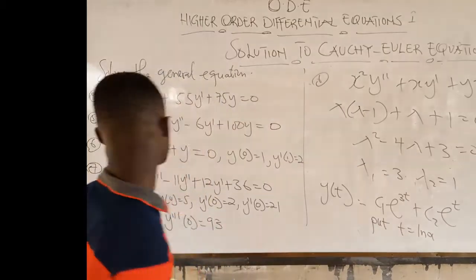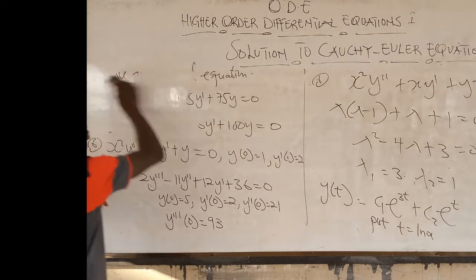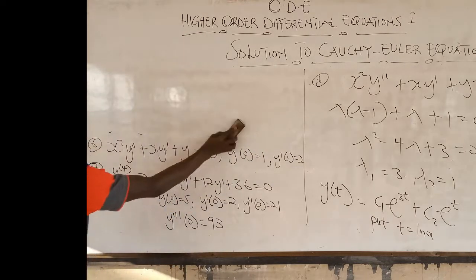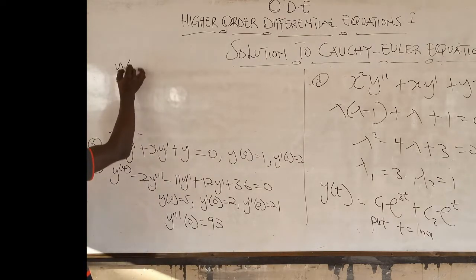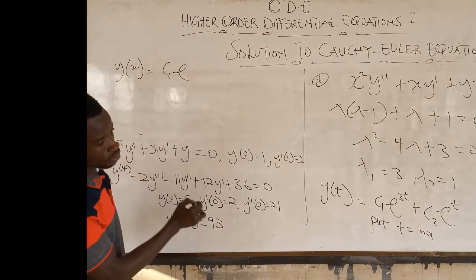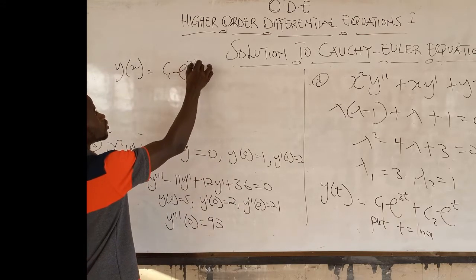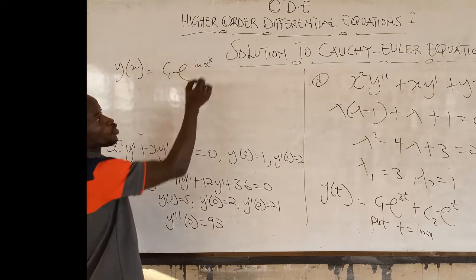You put t to be equal to the s. So you end up by getting... so this will be our 3. Hope you can see that.